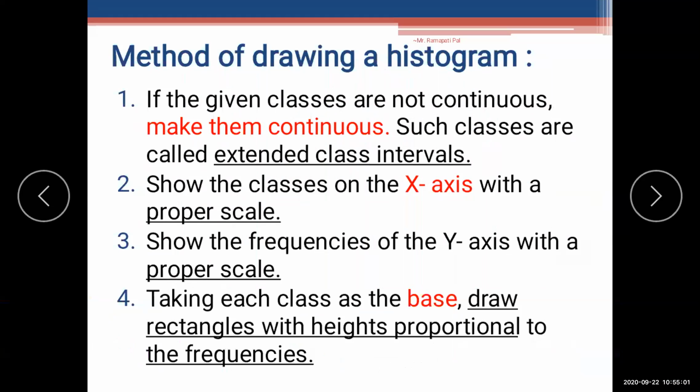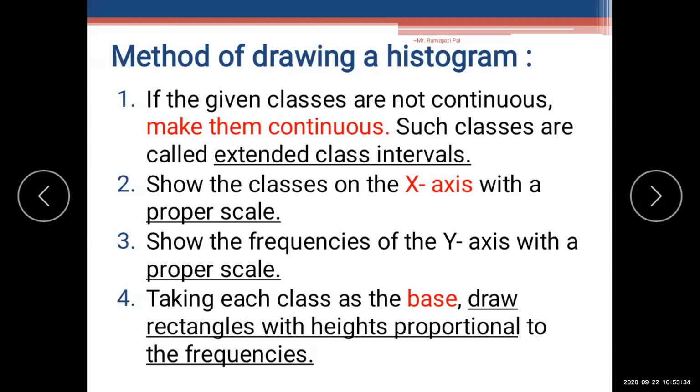See the first point, it is clearly mentioned that if the classes are not continuous, then we have to make the classes continuous. Remember this point. Such classes are called extended class intervals.